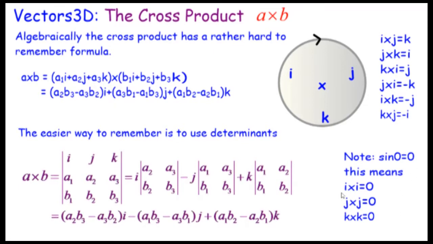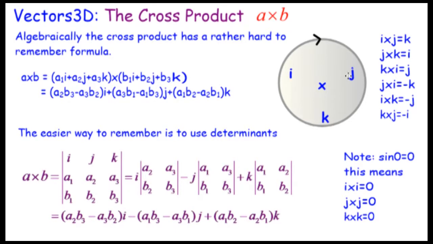Okay, and you'll also note a few things here. I cross I is 0, basically because the two unit vectors are parallel and the angle between them is 0, and sine 0 is 0. So this little circle with an arrow going clockwise is very handy.